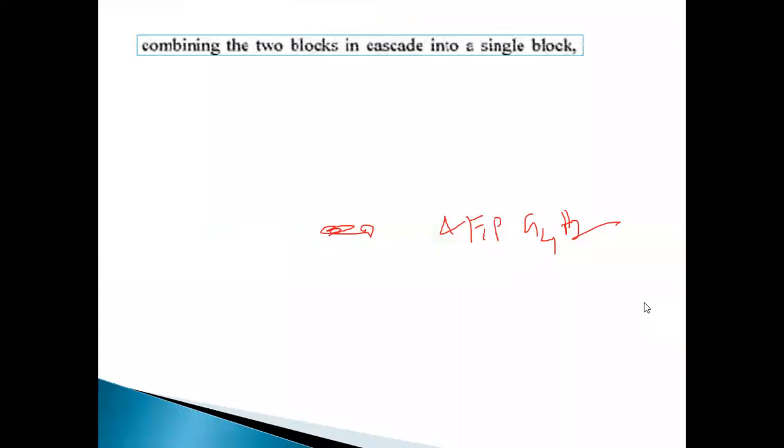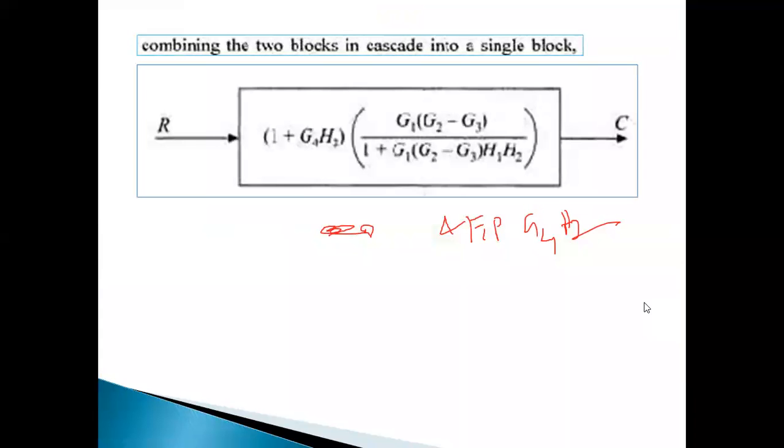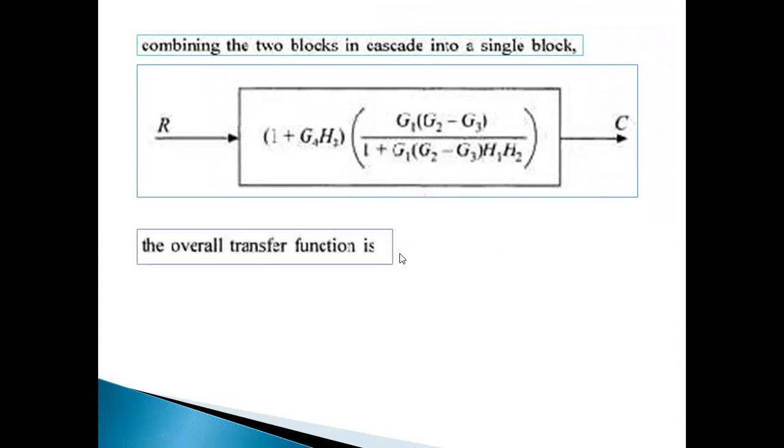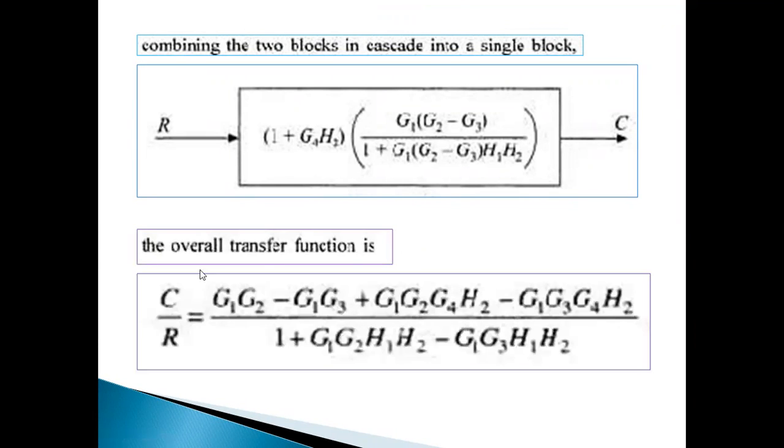Okay. So now combining those two blocks, finally you will get a single block, something like this. Now the overall transfer function is simply, we can write it as C of S by R of S, or C by R, output by input, is equal to the same thing.